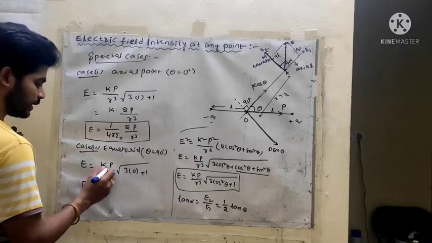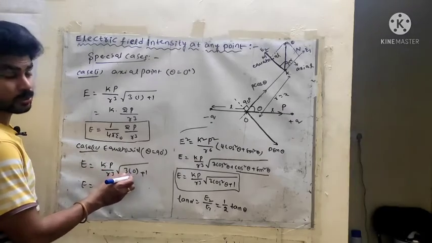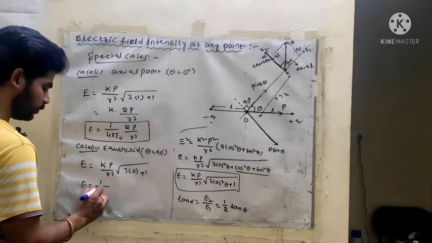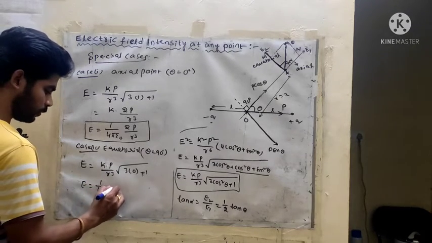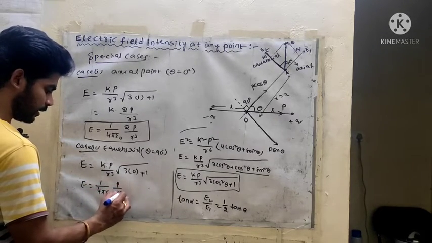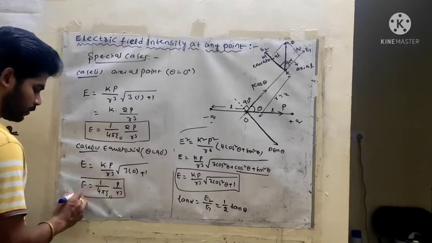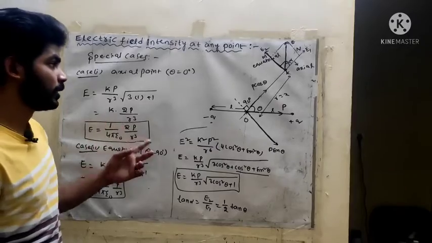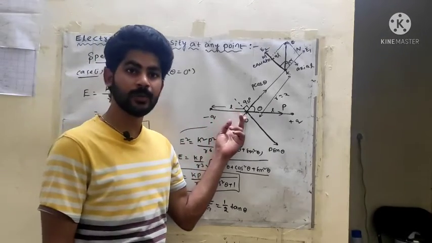So we get kp by r cube into root of 3 into 0 plus 1, root 1, whose value is 1 only. So k value is 1 by 4 pi epsilon naught, giving p by r cube. This is the electric field at the equatorial point, and that one was the axial point. So the formula is right for any point, and it is applicable.